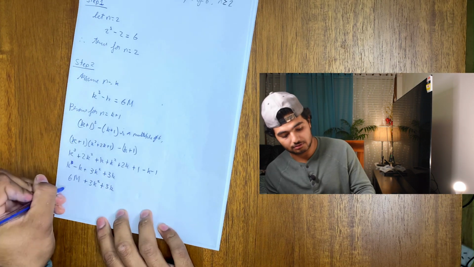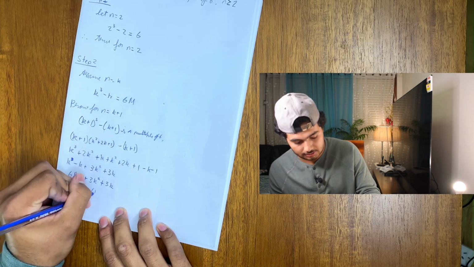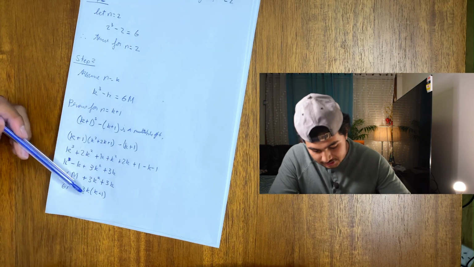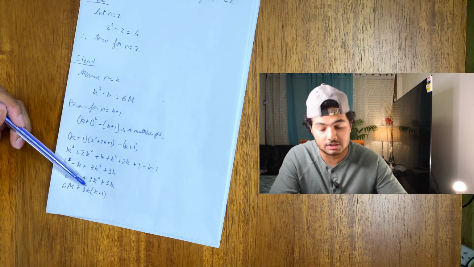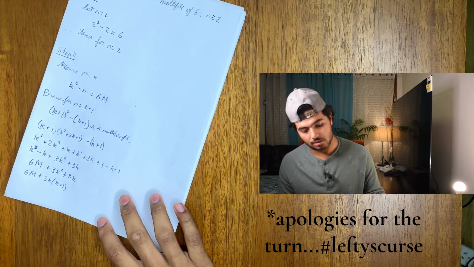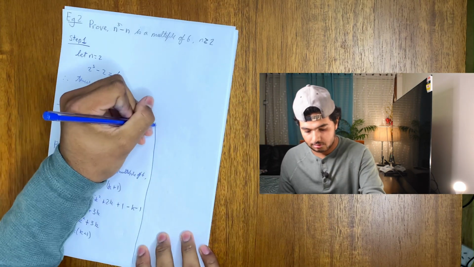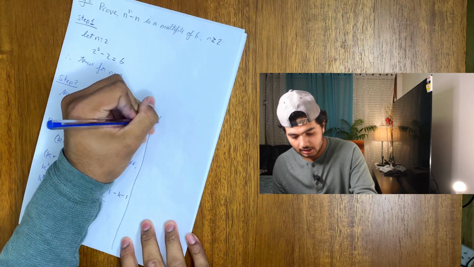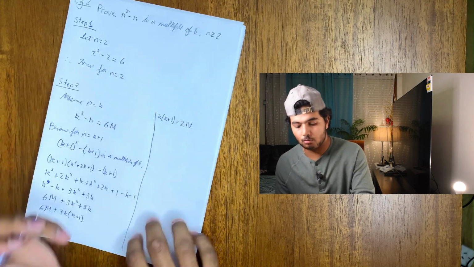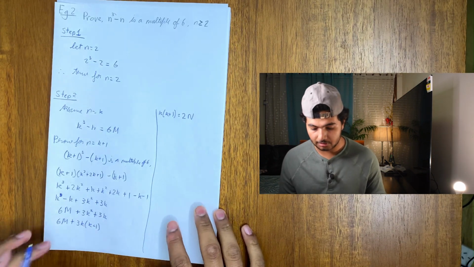In this case, factor out the 3k: 6m plus 3k brackets k plus 1. Since k is a positive integer, and k plus 1 is a positive integer, we know that k brackets k plus 1 is going to equal 2n, where again n is some positive integer.